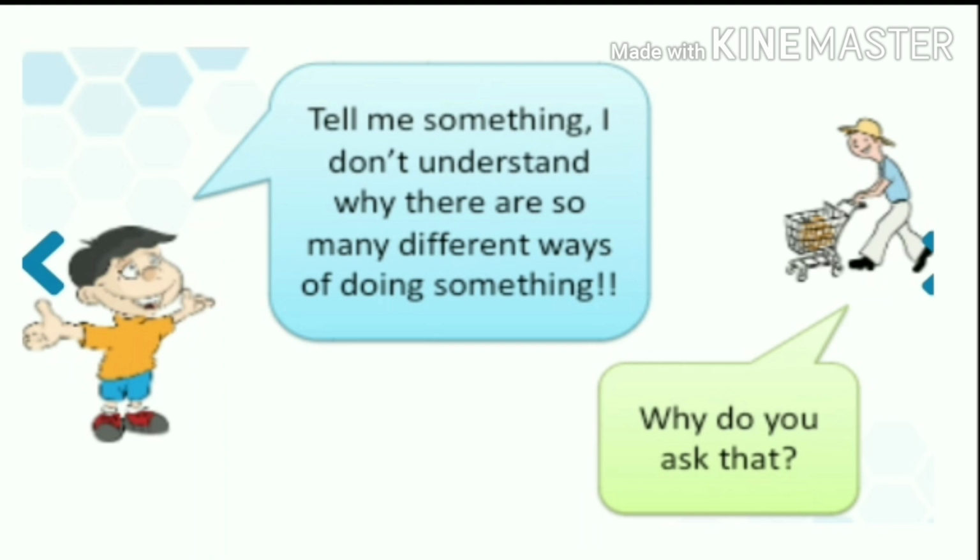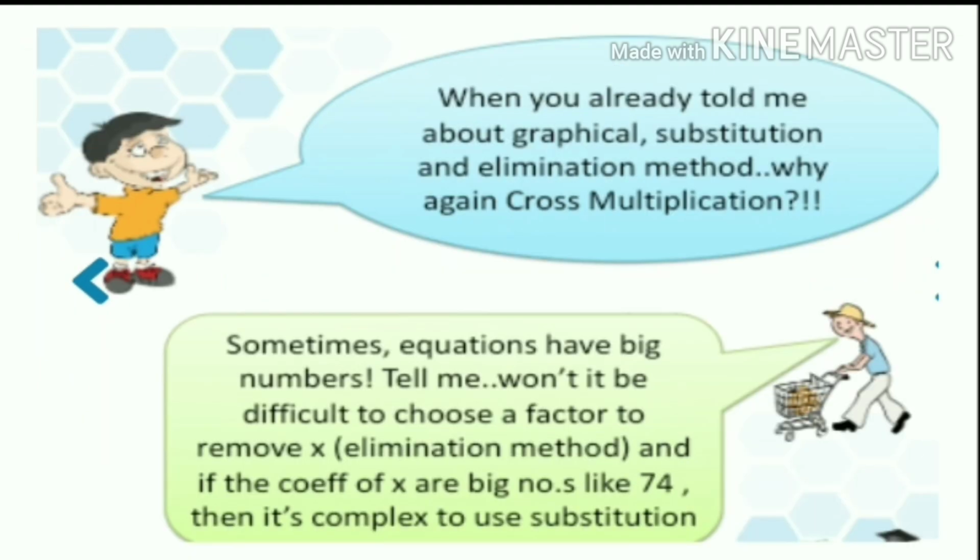Just like you have seen, a pair of linear equations in two variables can be solved by two methods, algebraic and graphical, and then the algebraic one again has three methods. So you may ask why so many methods. One student is asking: when you already told me about the graphical, substitution and elimination methods, why again cross multiplication? This question can be raised in your mind. So what is the reply?